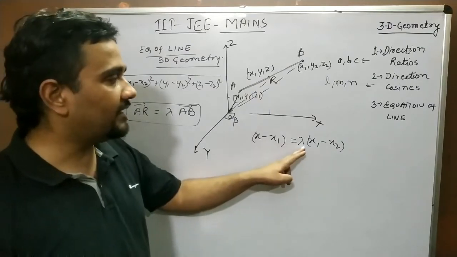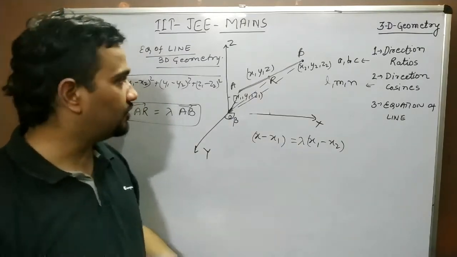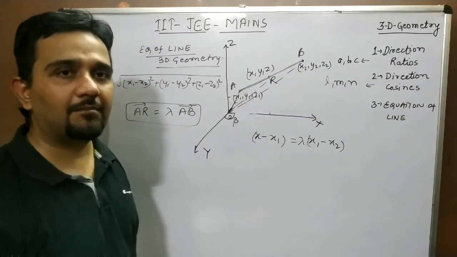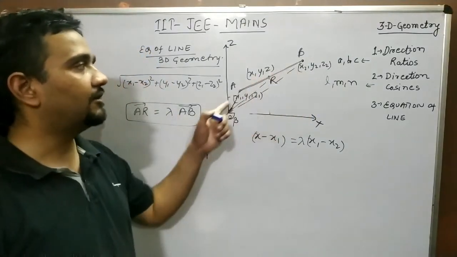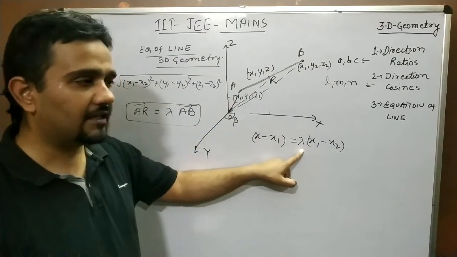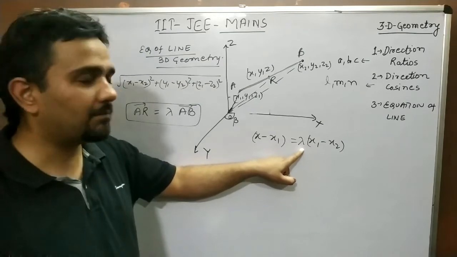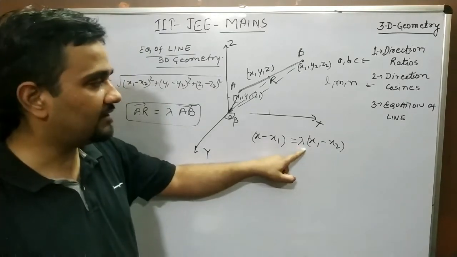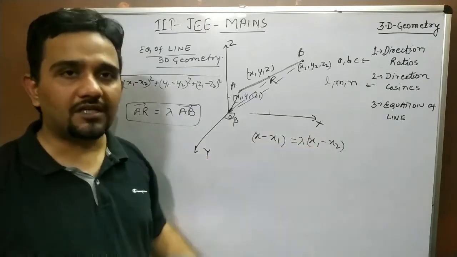We can take lambda as positive to get the equation of AB. If we take lambda as minus, then we get the equation of BA. That is the concept behind taking the plus minus in direction cosines and direction ratios. So whatever the value of lambda, we will not consider it.